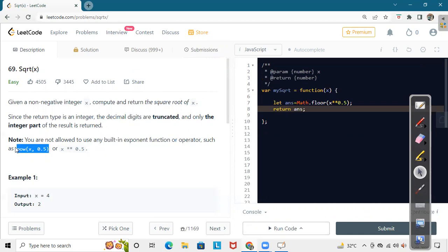This pow is the inbuilt power function, and this is also a power notation. We are strictly not allowed to use these two things in our code. Now how can I achieve the desired output without using these two things?